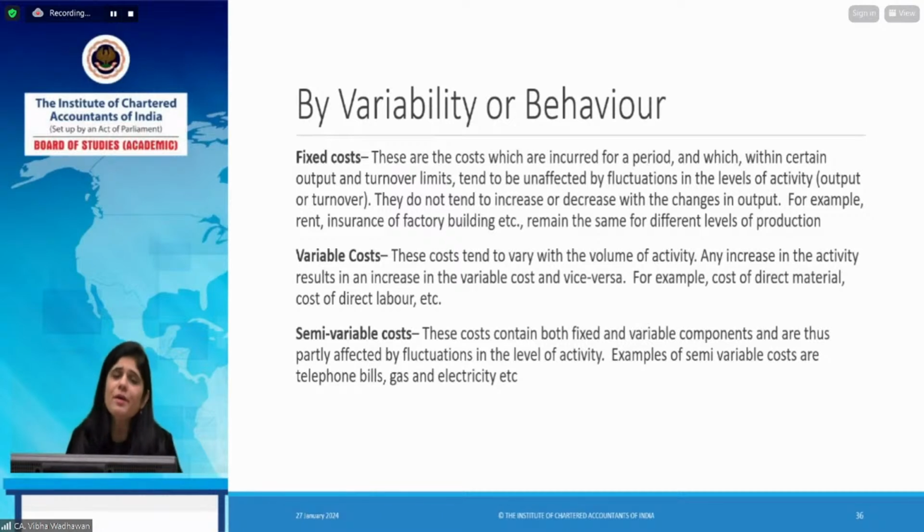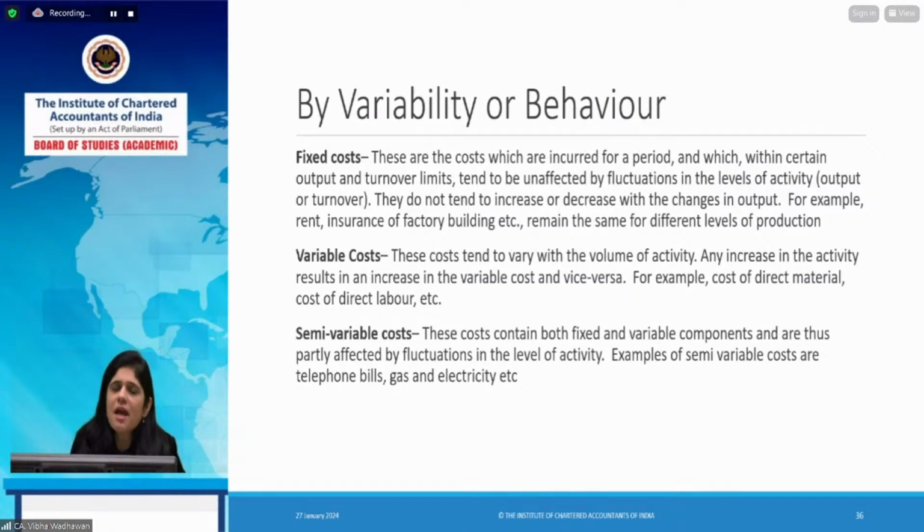You have to pay salaries to staff. You have to pay rent of the factory. You have to pay depreciation, irrespective of whether you are doing production or not. They are fixed costs. They remain fixed or constant to a certain level of activity or output. Clear? Variable cost, which changes with every unit, variable cost will change.